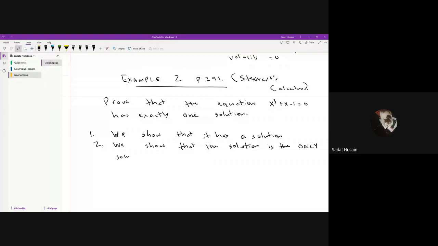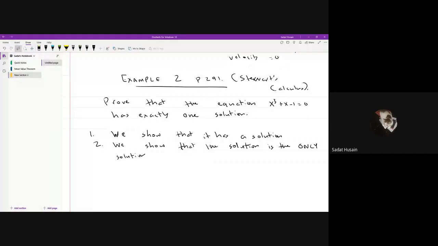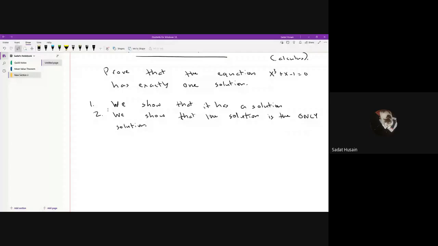We first show that it has a solution, then we show that the solution that we have is the only solution. Then and only then we have shown that it has exactly one solution, right? So in step 2 we will use Rolle's theorem.